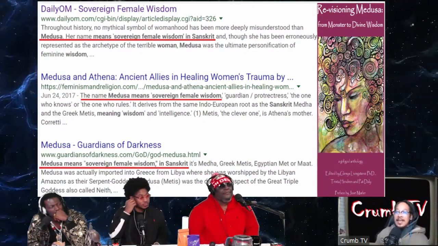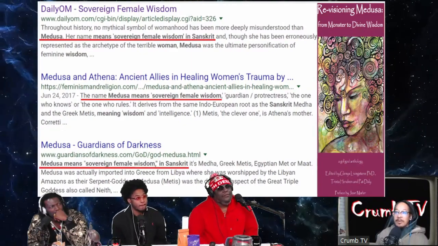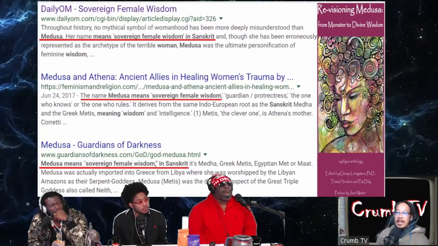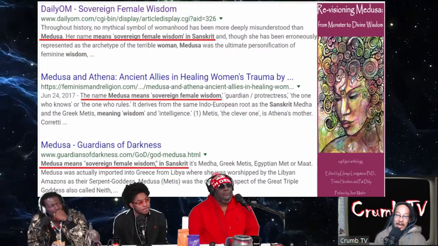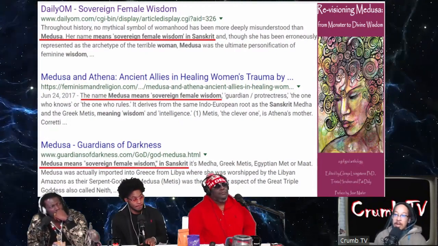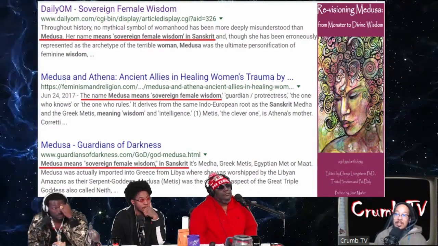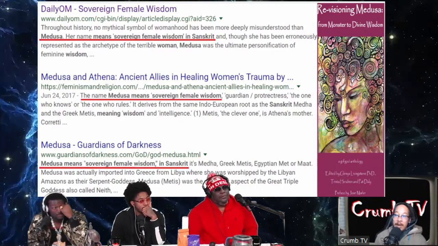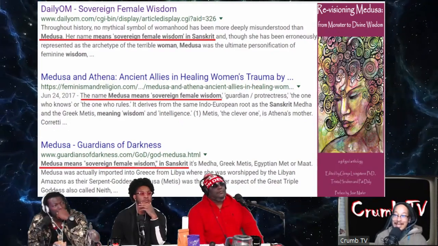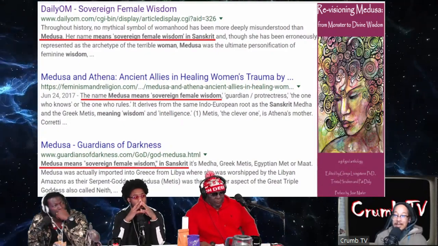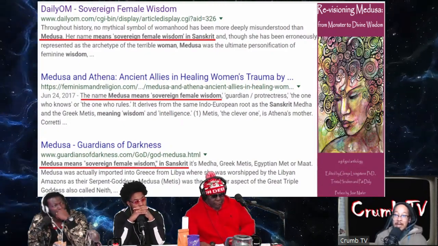DailyOm.com has an article titled Sovereign Female Wisdom. And in the blurb, underlined in red, it reads, Medusa, her name means sovereign female wisdom in Sanskrit. This is according to Daily OM.